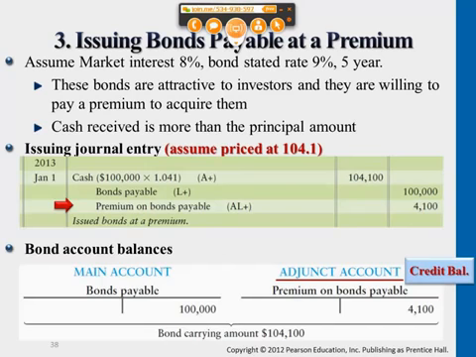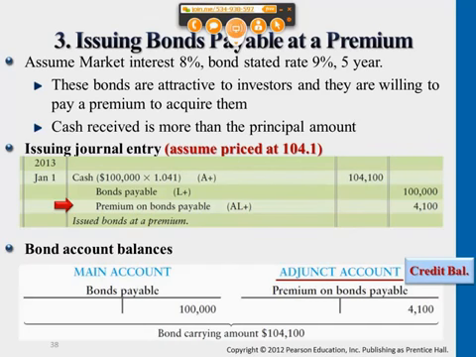In this journal entry, on the debit side, cash, we have the bond's face value times the price. Don't forget that a bond's price is often listed as a quoted percentage of the face value. Remember, in a discount case, it could be issued at a price of 95 or 98, lower than 100%. In the case of a premium, it will be above 100%.